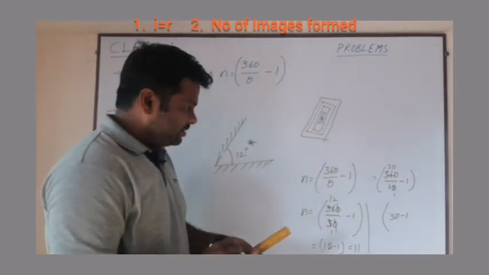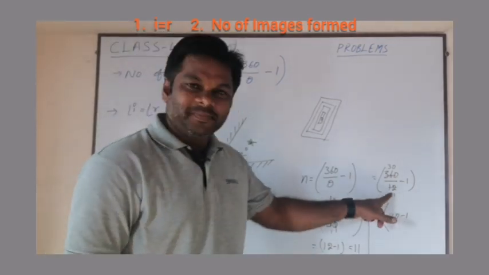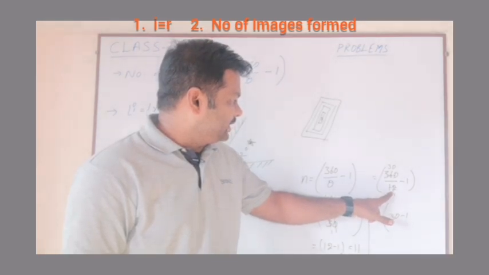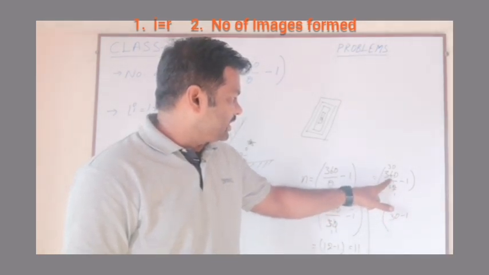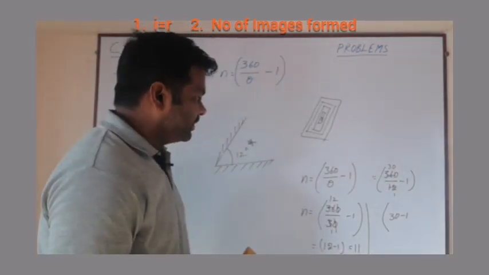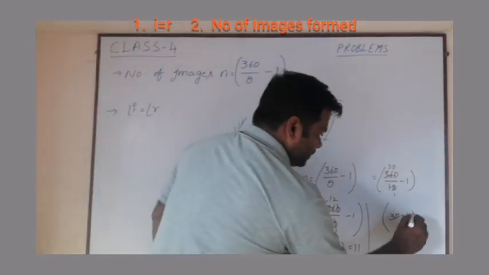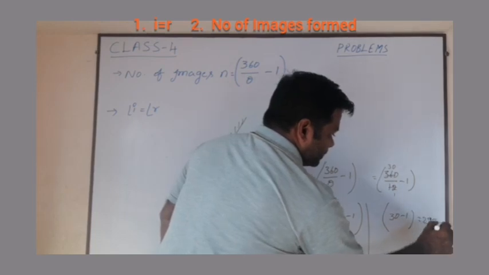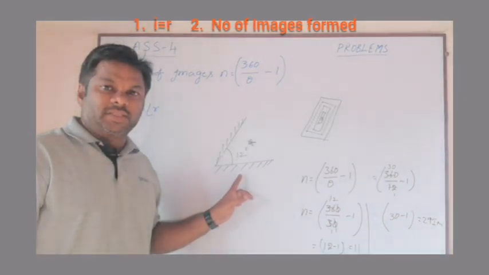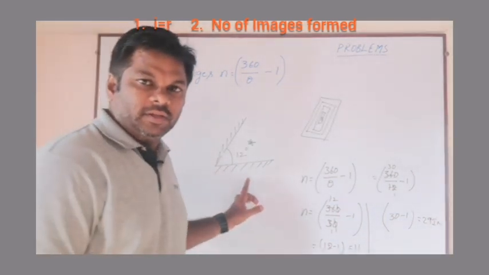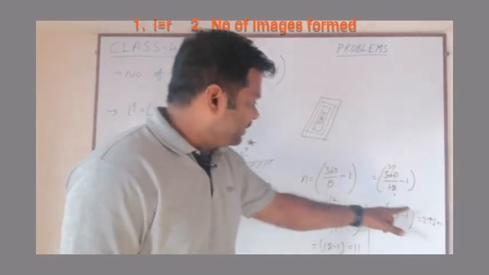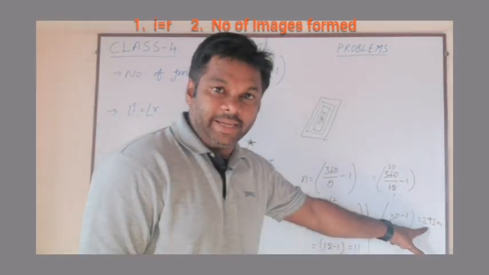Do you understand this division? 12 ones are 12, 12 threes are 36, and then 0. 12 times 30 you will get 360. 30 minus 1 you will get 29 images. When the angle between these two mirrors is 12, then the number of images is 29.